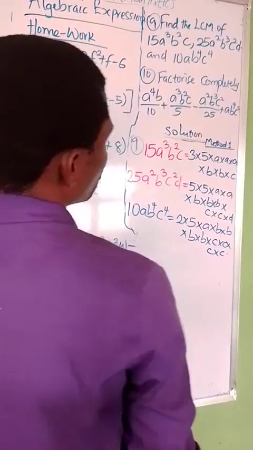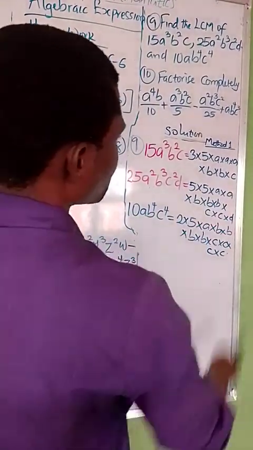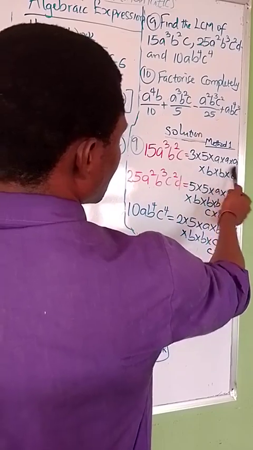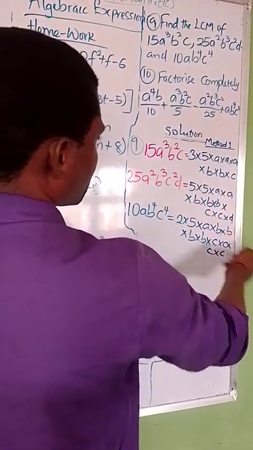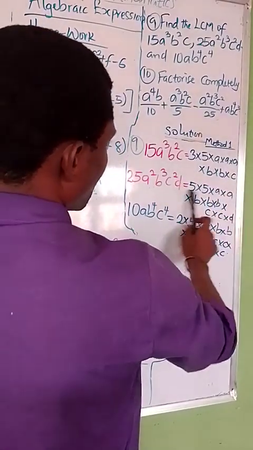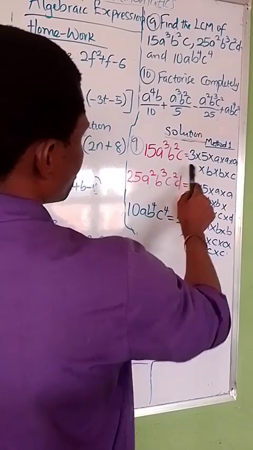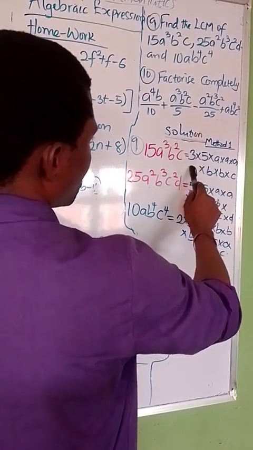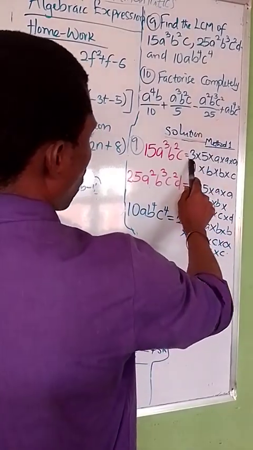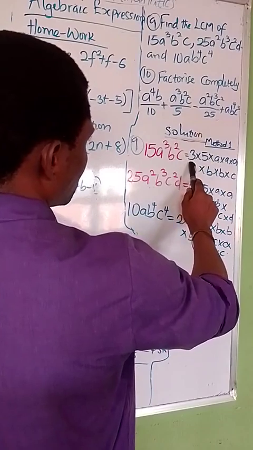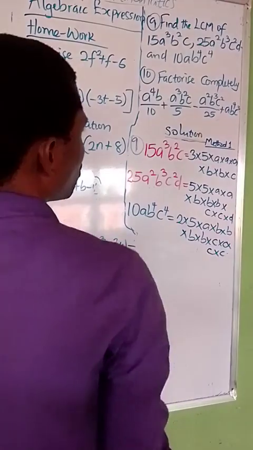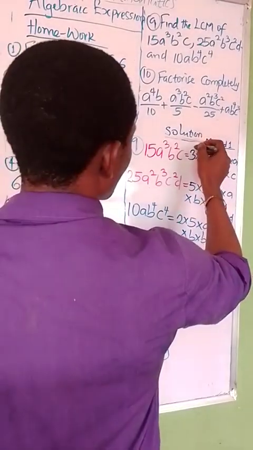The common multiples. If you look at this very well, we have A that is common here 3 times. A is also common here 2 times. Okay, let's start from 3. 3 is represented here once. So we are going to pick 3.